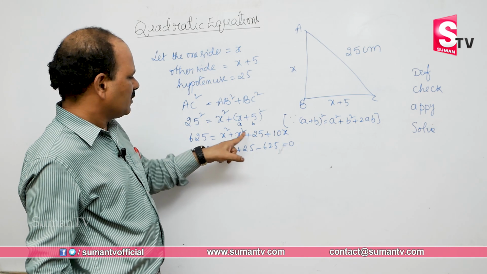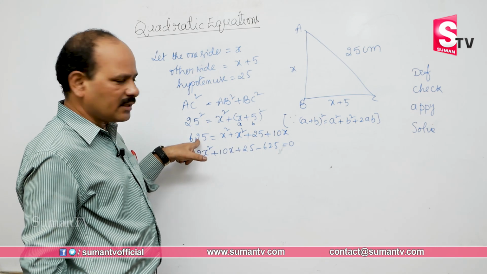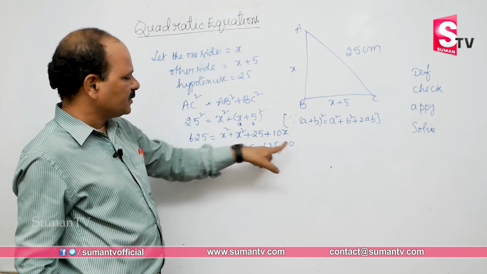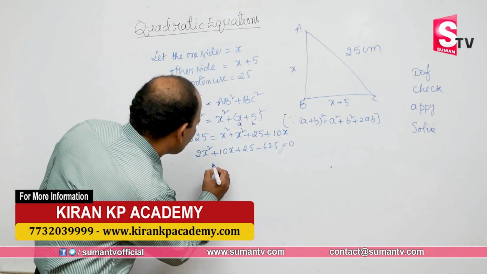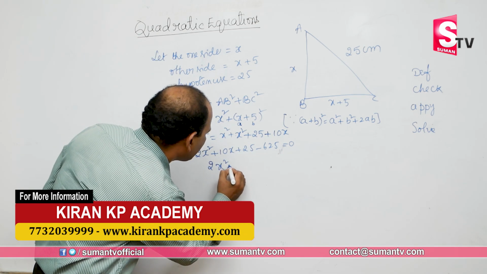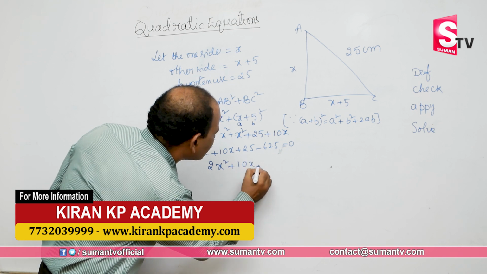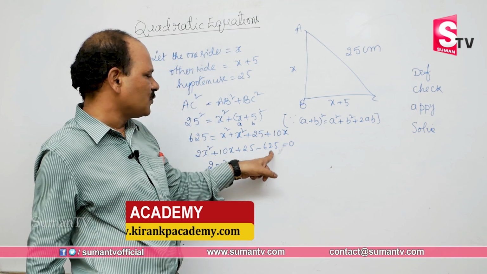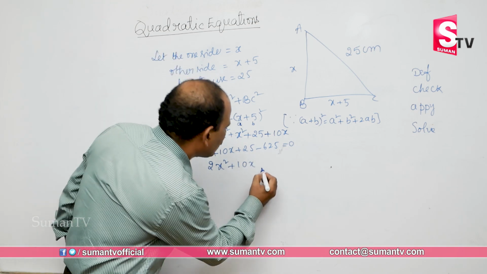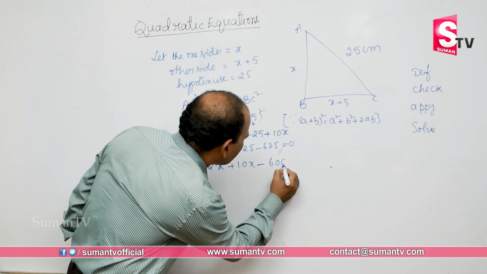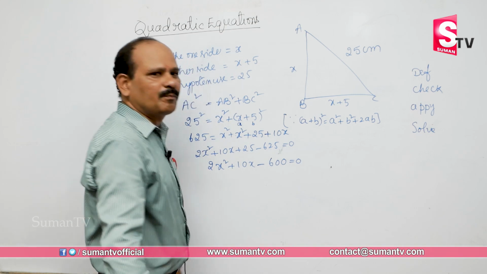After this is sent to the right side, here it will be 0. So I kept this 0 on the right side. Now 2x square plus 10x, 25 minus 625, that is equal to minus 600 is equal to 0.